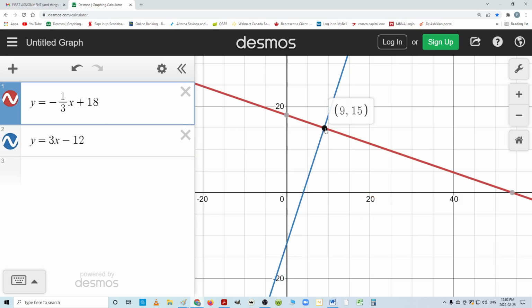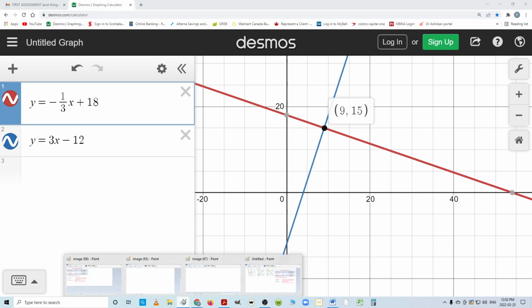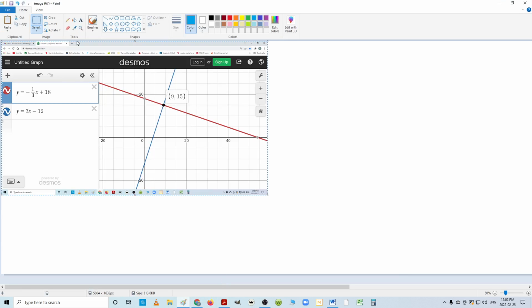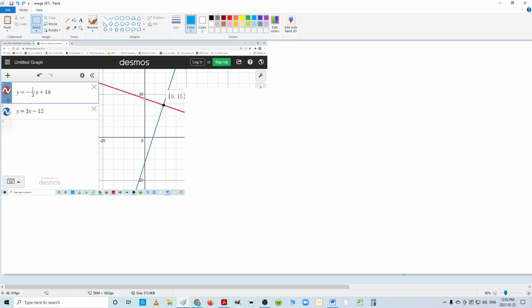So let's say they give you this spot and they don't tell you the formula of the red line. And they want you to figure out the formula of both lines. But let's say they tell you the formula of the blue line, and they want you to figure out the formula of the red line. Let's just keep that over here.